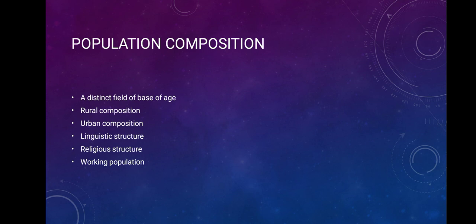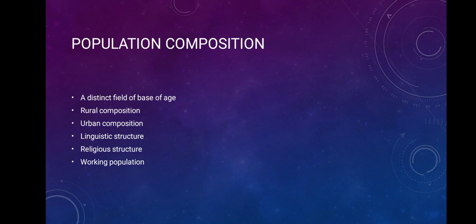Population is a very important part of the nation, and population composition is a distinct field of study within population geography, with a vast coverage of analysis of age and sex, place of residence, ethnic characteristics, tribes, language, religion, marital status, literacy and education, occupational characteristics, etc. In this section, the composition of the Indian population with respect to rural-urban characteristics, language, religion, and pattern of occupation will be discussed.